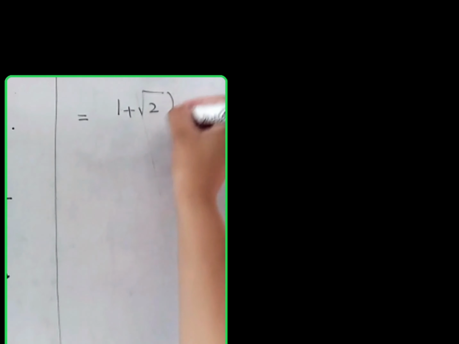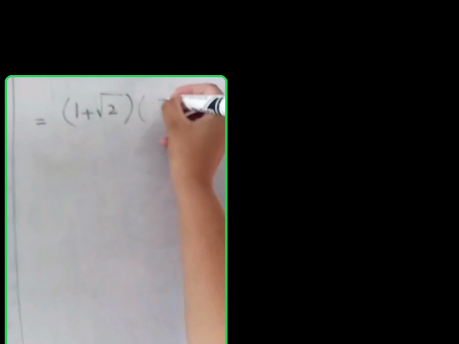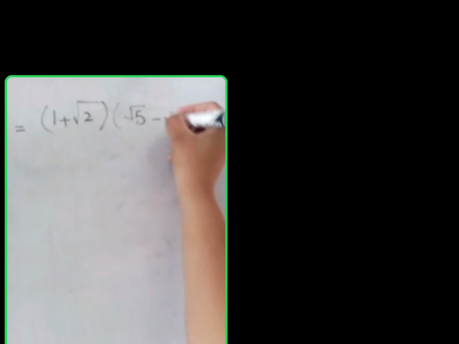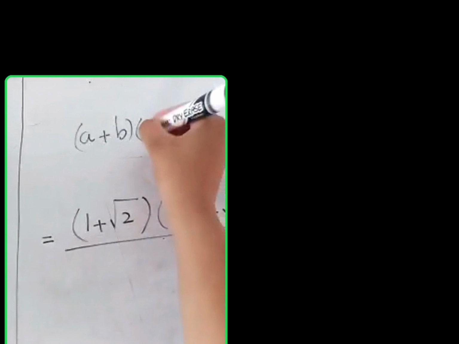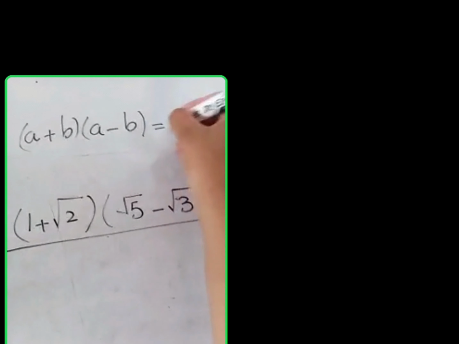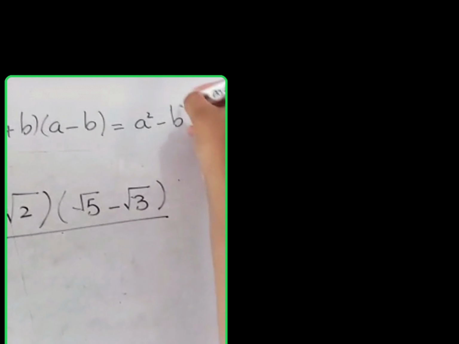First, 1 plus square root 2, the first term, it will be multiplied by the second one, that is square root 5 minus square root 3. And in the denominator, consider the formula, a plus b into a minus b. Write down the formula here, a plus b into a minus b, and it will be a square minus b square. Is it clear? Yeah.